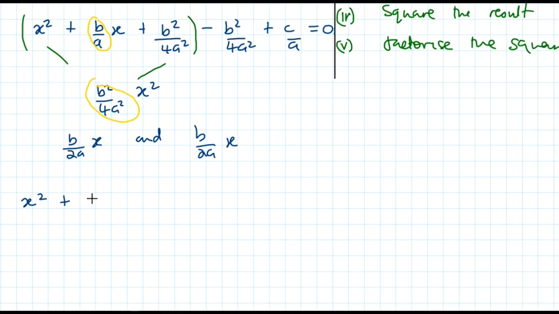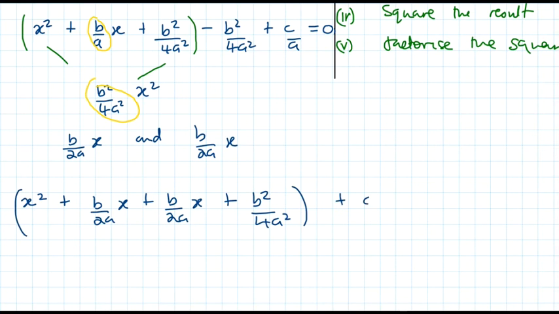So now if you break it down, we have b over 2a x plus b over 2a x plus b squared over 4a squared in brackets, plus c over a, minus b squared over 4a squared is equal to 0.